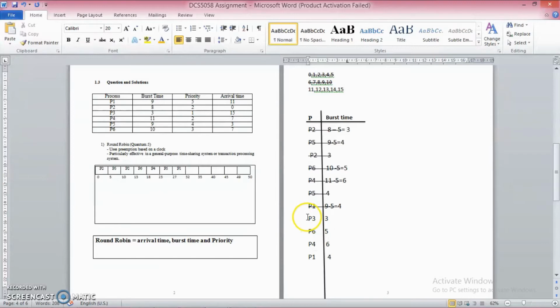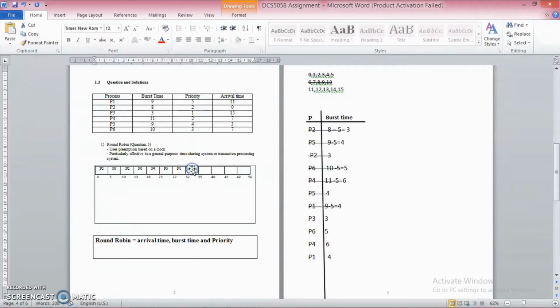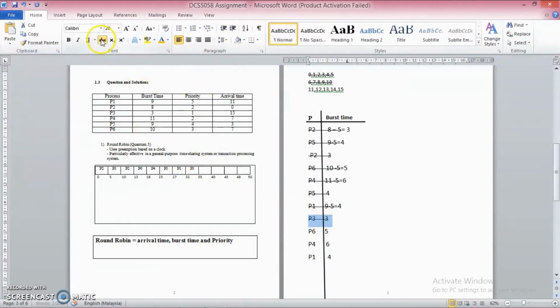And the same goes here. P3, 3 is less than the quantum time, so as mentioned earlier, you just put and plus with the 3. Now the execution for P3 is done, so no more P3. And then P6 is equal to the quantum time, so P6 is also done, no more P6.